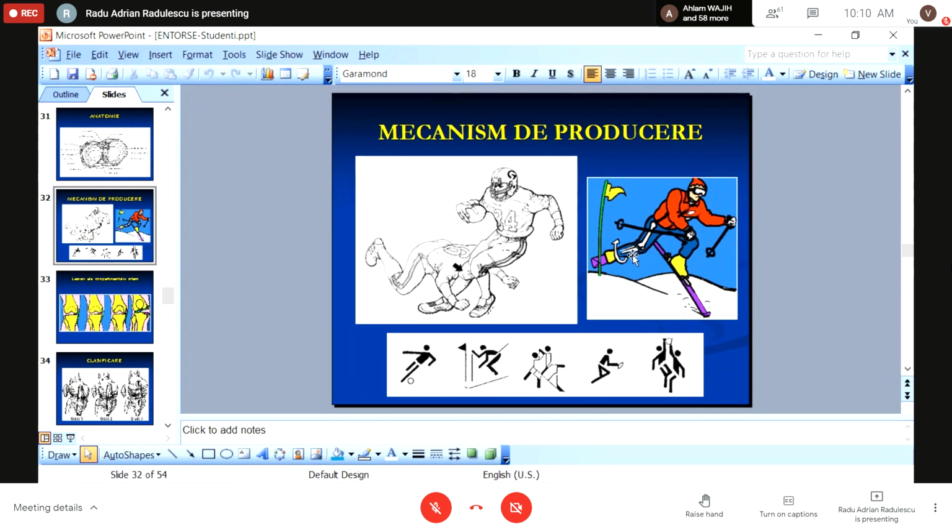This time also we have a mechanism of sprain. And all the other sports that suppose jumping, landing, or sudden changing in the direction of the body during the sport are susceptible of leading to sprains of the knee.